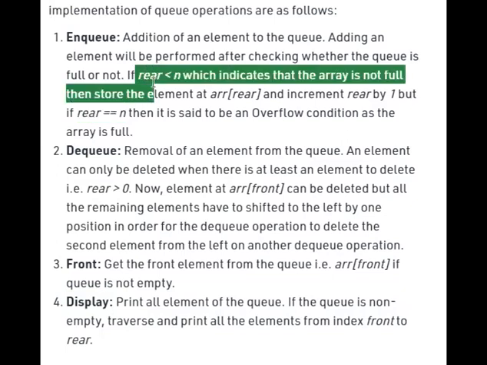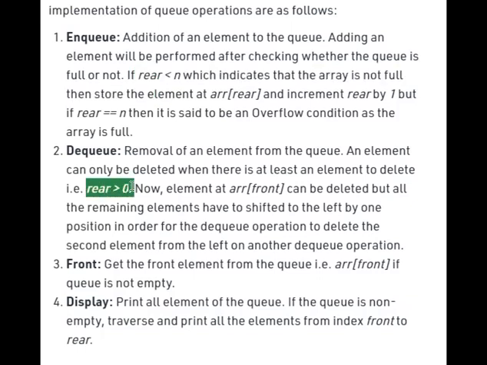If the condition is satisfied, we can enqueue the element. Dequeue means we remove an element from the queue. We check the condition rear greater than 0. If it is satisfied, we can delete elements one by one.